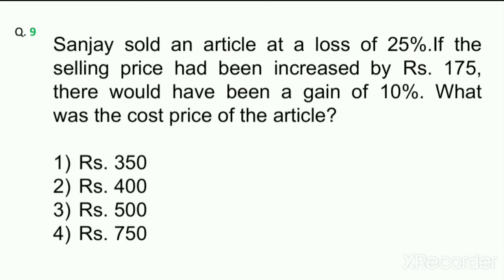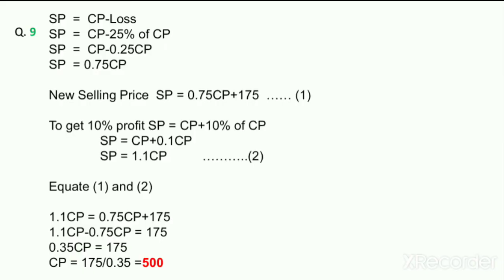The next question, Sanjay sold an article for a loss of 25%. If the selling price had been increased by 175, there would have been a gain of 10%. What was the cost price of the article? So we know selling price is equal to cost price minus loss. Here we are getting 25% loss, so 25% of the cost price.